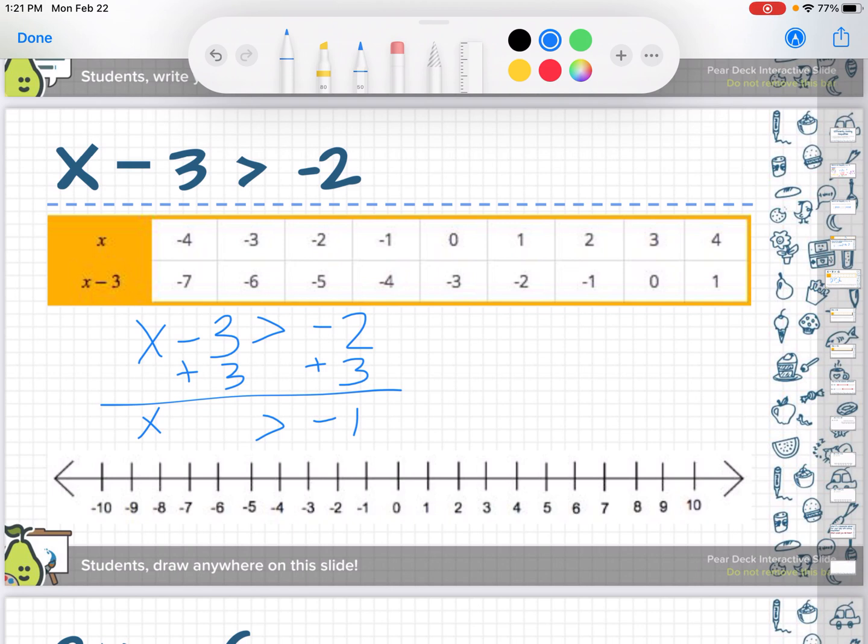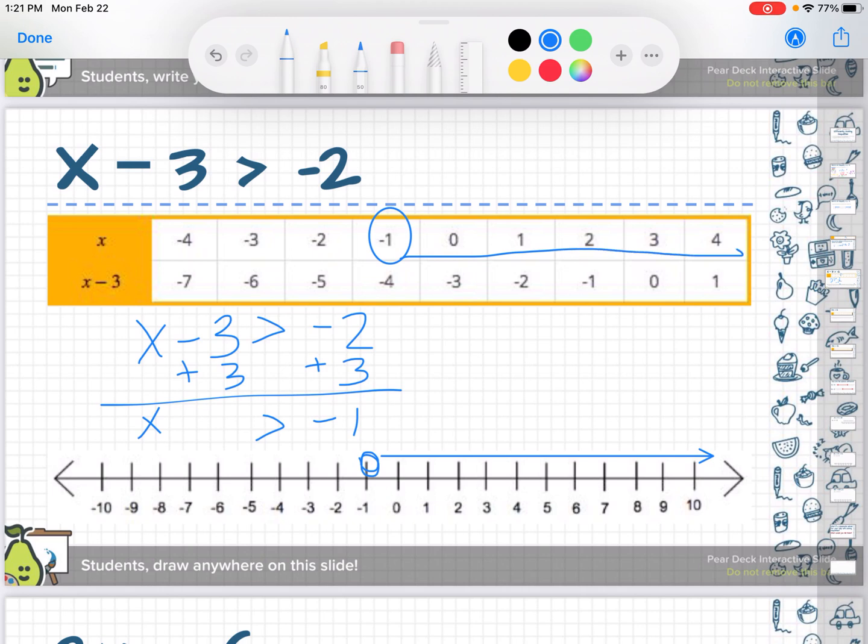So if I look at it, I know that x is going to be greater than -1. So I'm going to use an open circle, and I'm going to graph it going this way. So when x is -1, it works out.